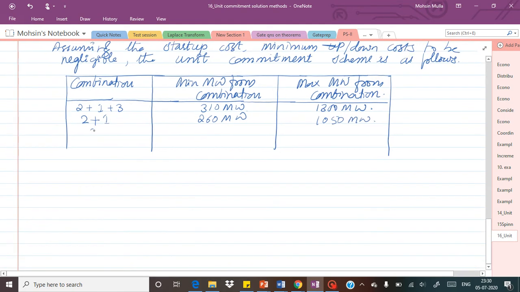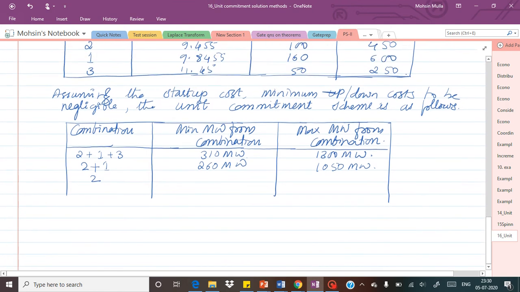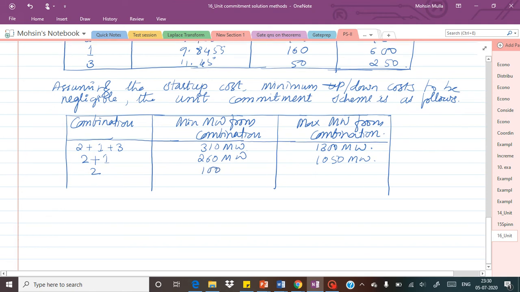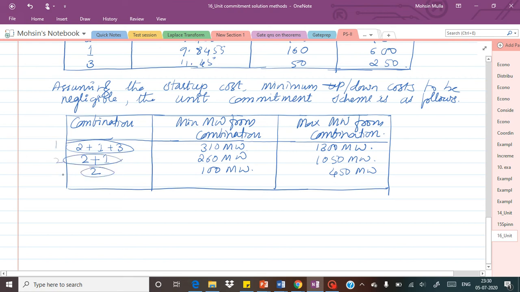Finally, unit number 2 alone is kept operated because it is most economic, so its minimum is 100 and maximum is its capacity of 450 megawatt. So this is the final unit commitment schedule. The first combination is 2 plus 1 plus 3, the second is 2 plus 1, and the third is only 2. So these three combinations are available.